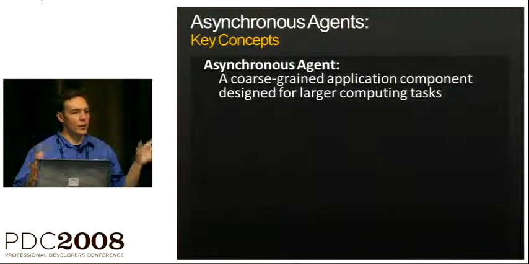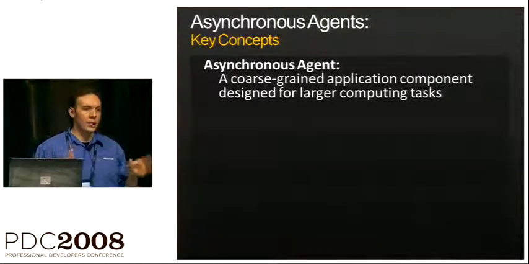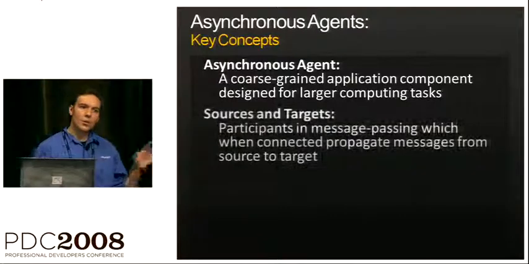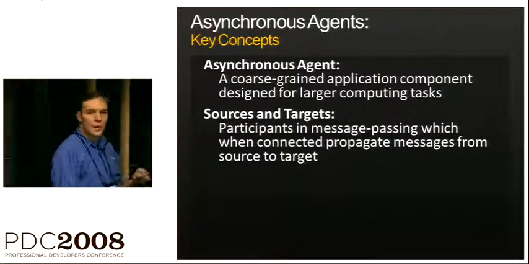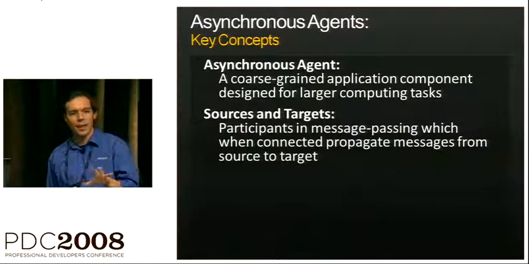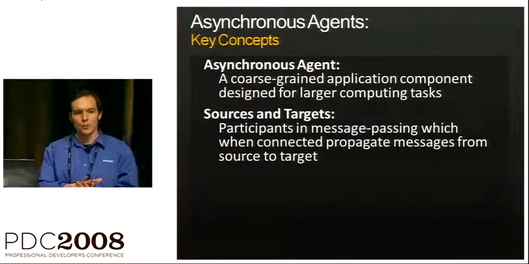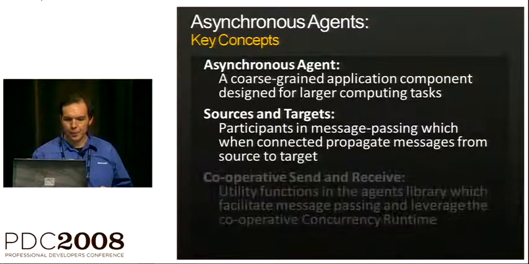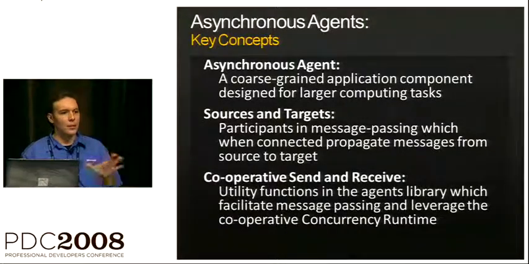The imaging demo has actually one agent in it, and it acts like the controller, essentially. And then we'll talk about sources and targets. So a source is something that generates a message, and a target is something you can send a message to. It's really that straightforward.